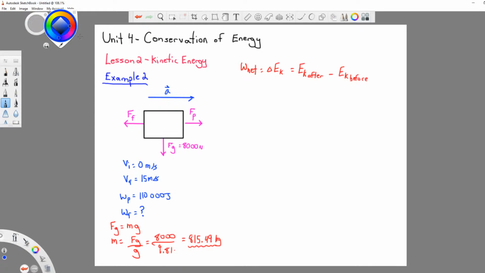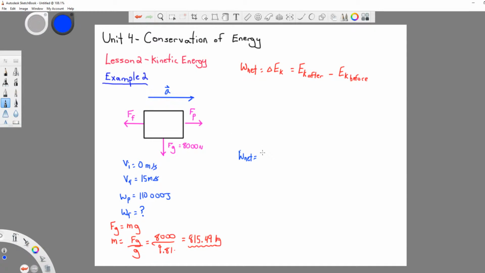And so what we're going to want, once we find this net work, is to do something similar to what we do with forces. The net work is equal to the sum of all the work done on this object. Well, the sum of all the work done on the object is the sum of all the forces times their distance.